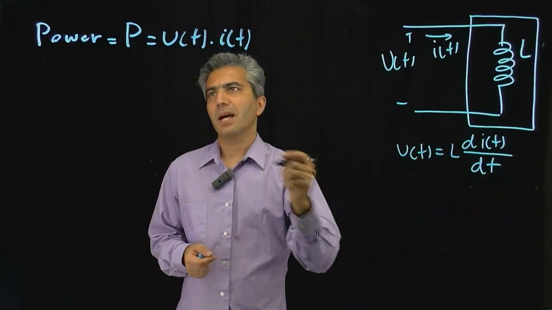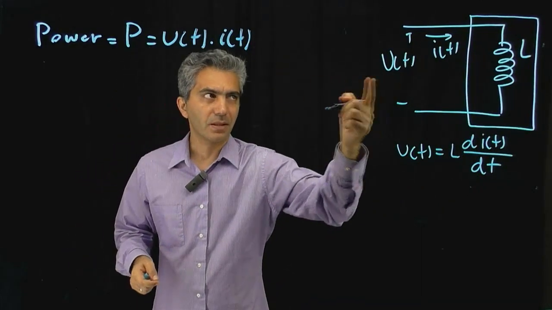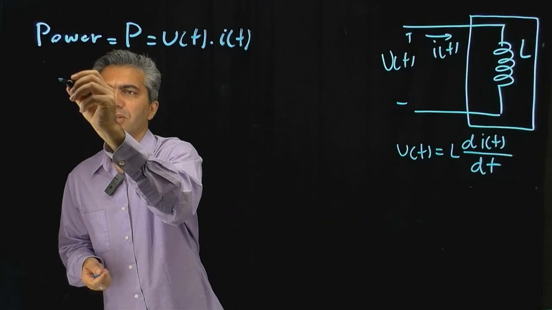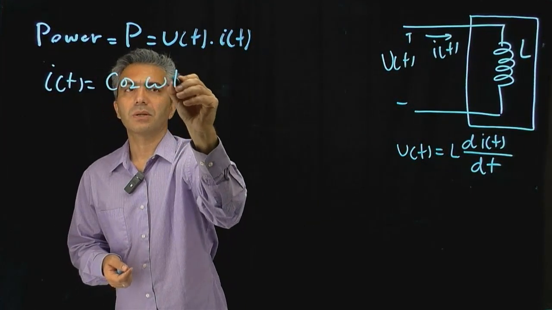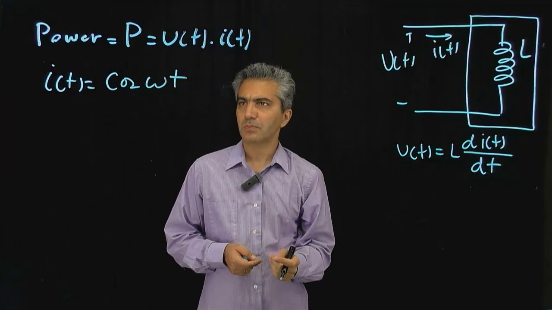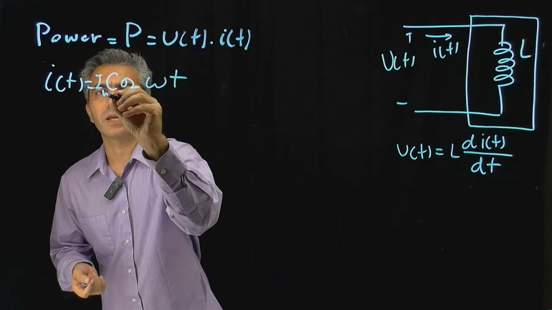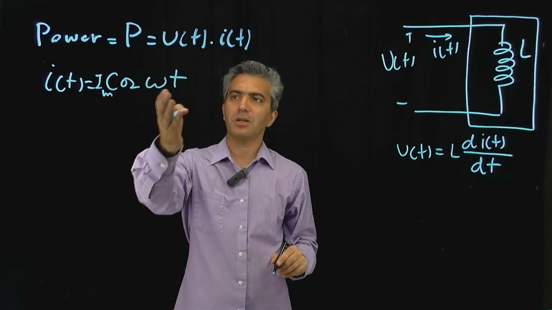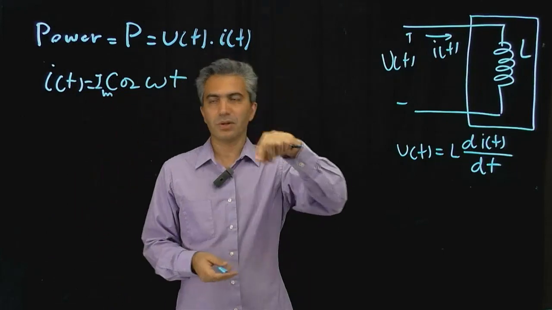So now, with that, let's calculate the power, assuming that the signals are sinusoidal. So let's say I(t) is Im, a maximum current, times cosine omega t. So peak current times cosine, so alternating current.